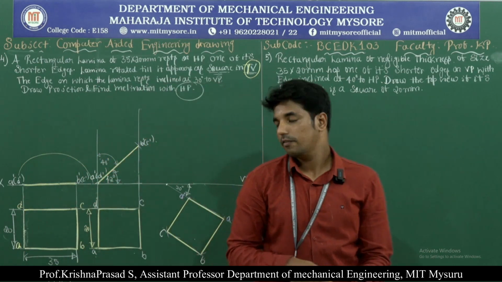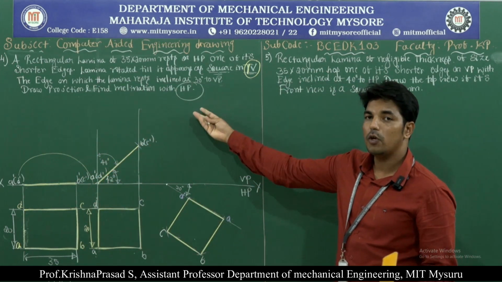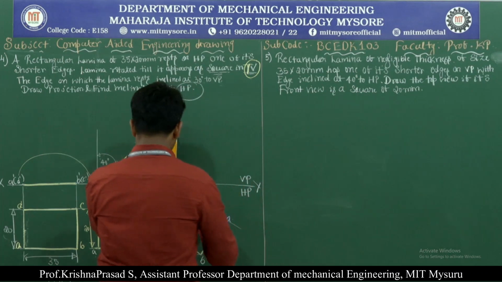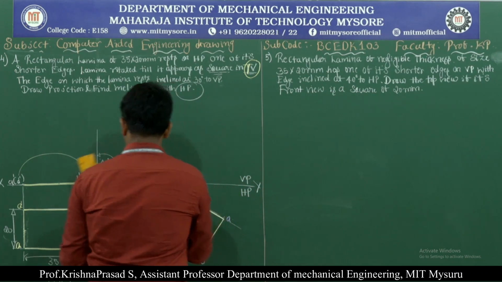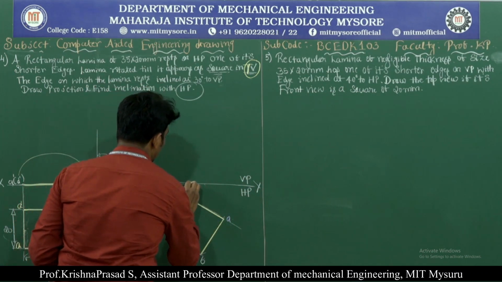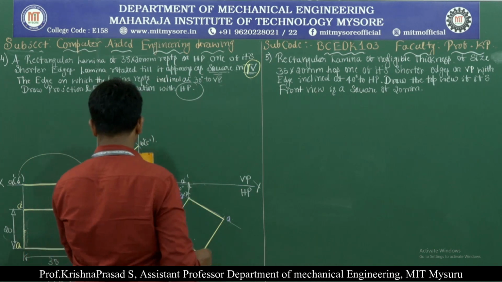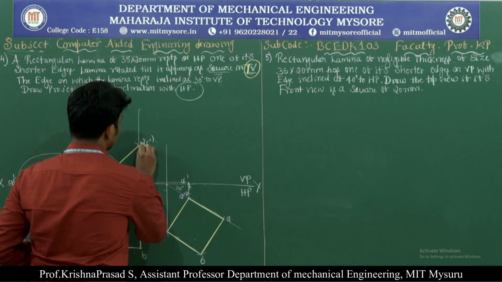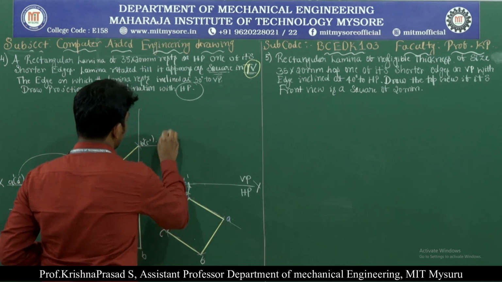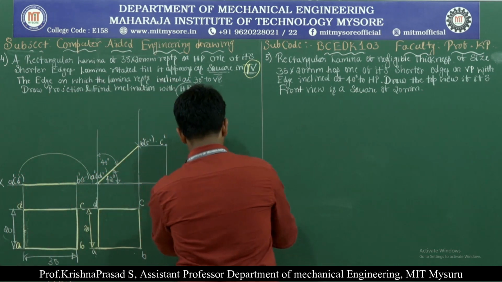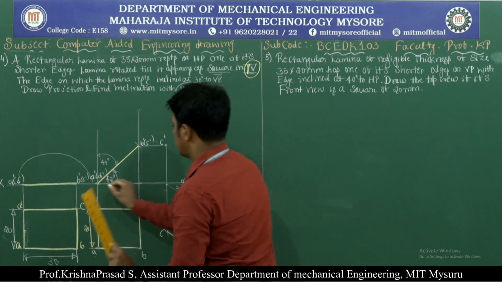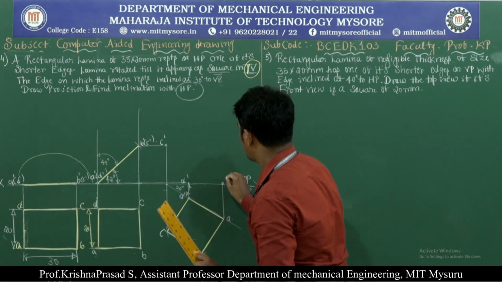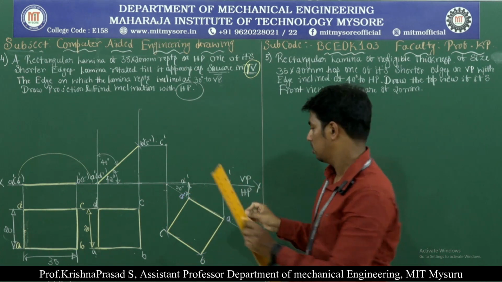Once it is done, we project it to the front view and complete the figure. So this is D and this is D dash, both meeting at a point D dash. Then this is C and this is C dash, both meeting at a point C dash. This is A and this is A dash, both meeting at a point A dash.